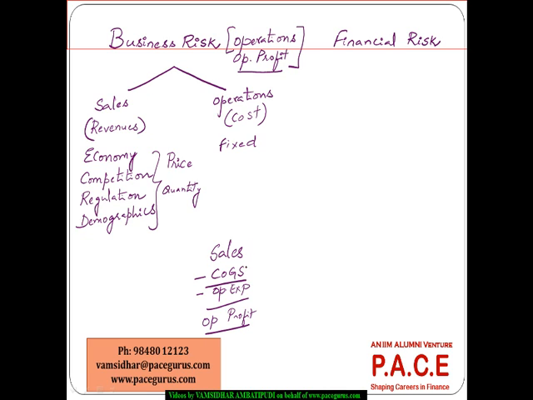So if the operations profit is getting disturbed, it could be disturbed either because of the sales or because of the expenses, either the production expenses or any other operating expenses. With respect to operations, if I am looking at the operations related costs where I am using fixed costs, the higher and higher I am using the fixed costs, the higher is my operations risk. So the business risk can stem either from the sales risk or from the operations risk.